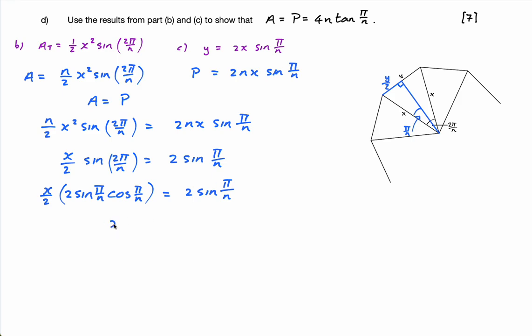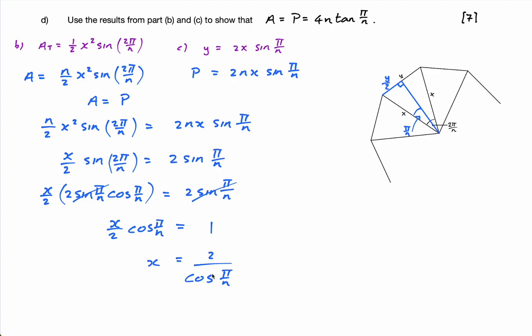So I have x over 2 cos pi over n equals 1, because this and this cancel like this. Then I can say x is equal to 2 multiplied by 2 and divided by cos pi over n. So 2 over cos pi over n. Okay, that gives me x.